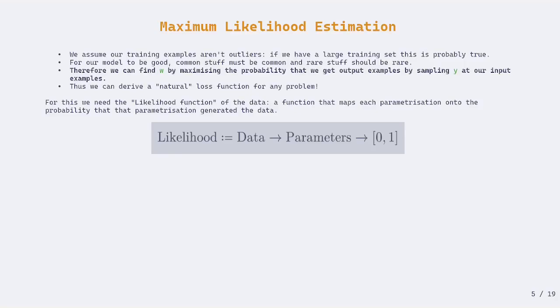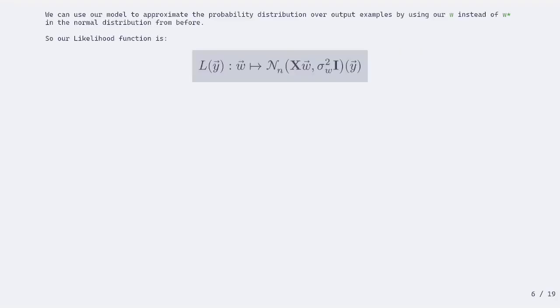And so for that we need something called a likelihood function. It maps every parameterization onto the probability that the parameterization generated that data. In our example, we're using the same technique of packaging a bunch of independent normal distributions into a big multidimensional one, to say what is the likelihood.